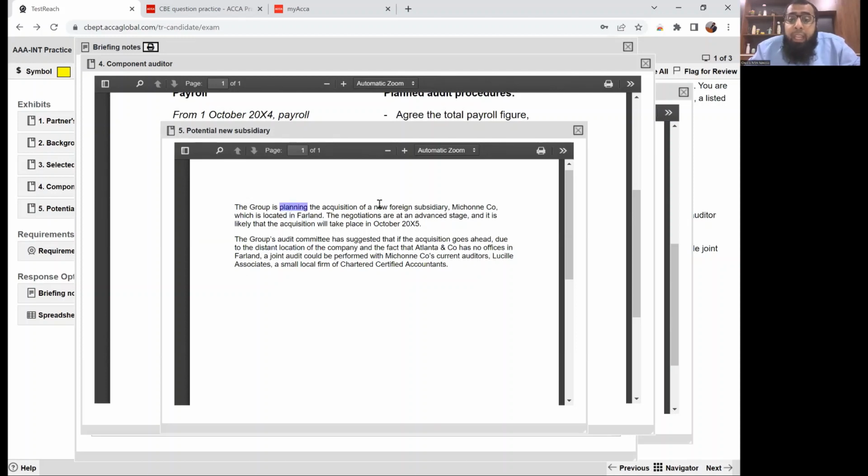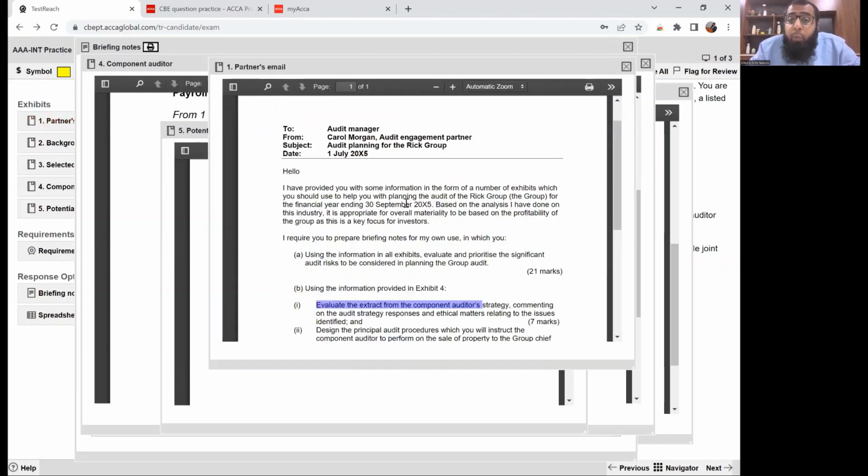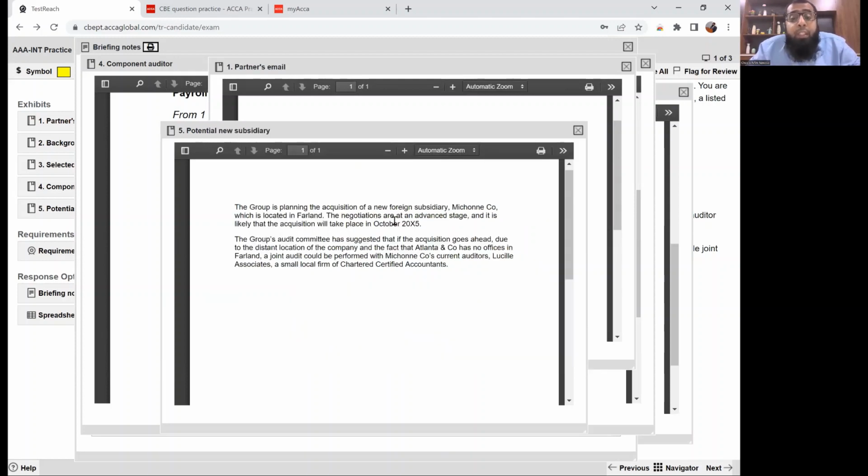The group is planning the acquisition of a new foreign subsidiary, Mekong Company, which is located in Farland. The negotiations are at an advanced stage, and it is likely that the acquisition will take place in October 2005. Now, our year end is 30th September 2005, whereas this acquisition will take place in the month of October. So it will be a subsequent event.